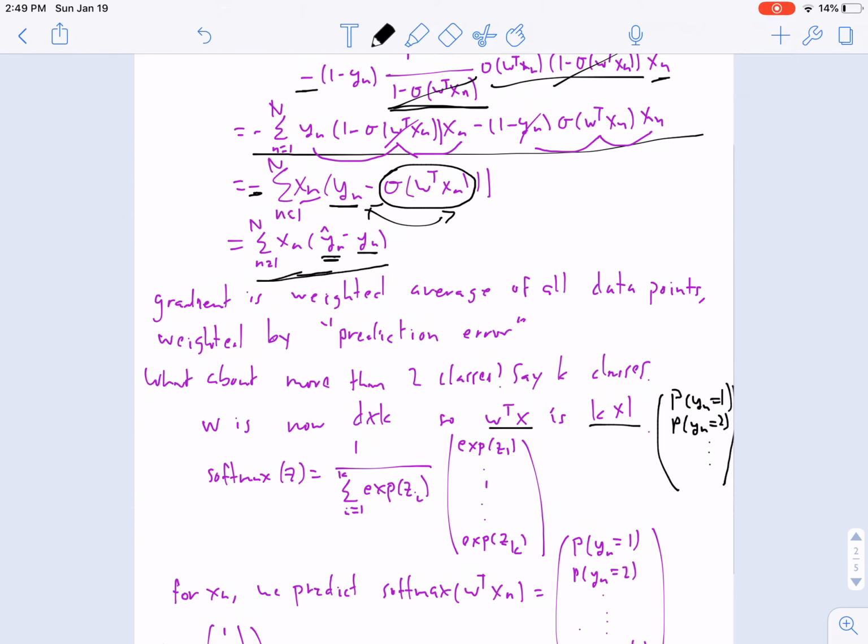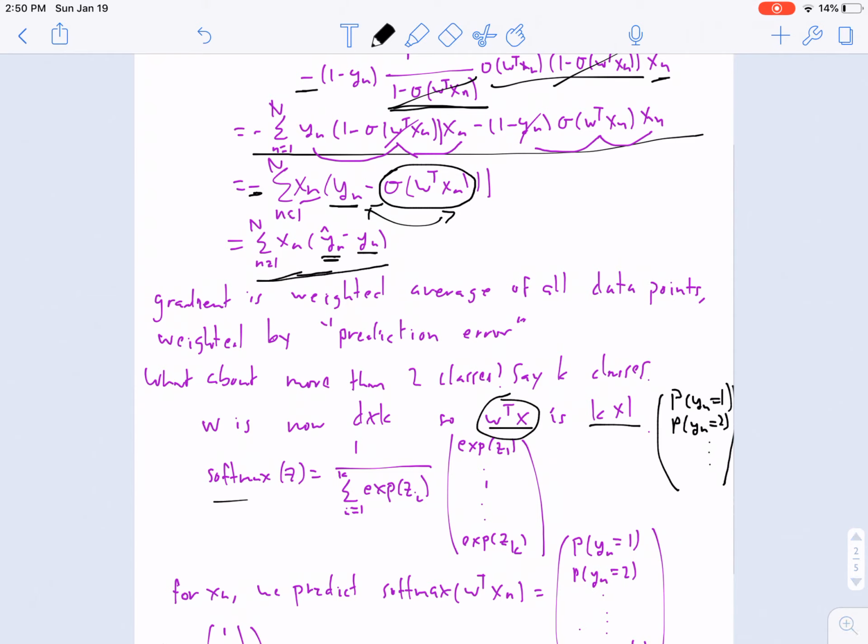We have a k by 1 vector, and each element of the vector is a proxy for how much we think that it might be in that class. If the value of the ith element of w transpose x is higher, that probably indicates that the model thinks it's more likely to be in that class, but we still don't have exactly probabilities.